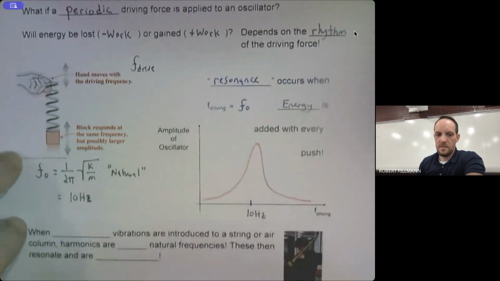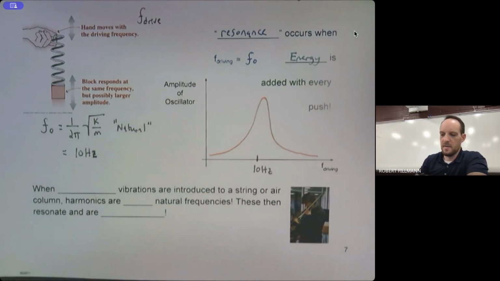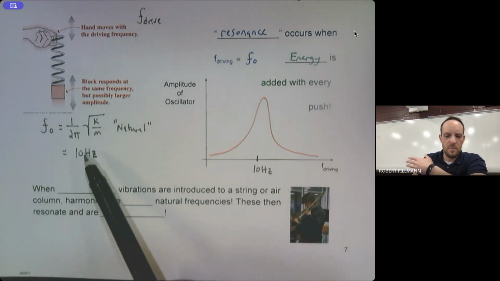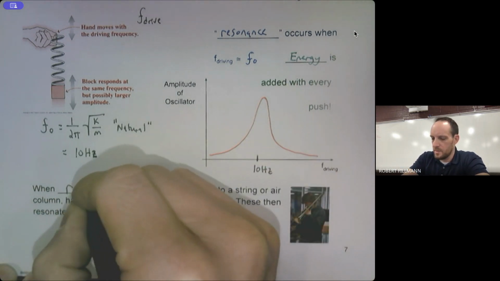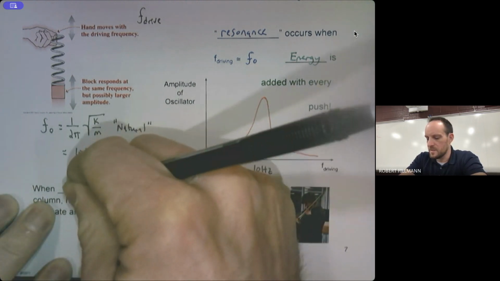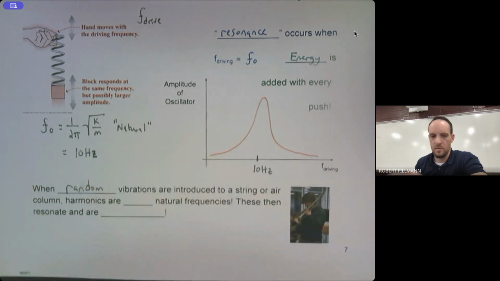There are all kinds of examples of this, and it can be more complicated than just the spring mass system with one rate at which it wants to oscillate. Think about musical instruments. Think about the standing waves that we've talked about before. A lot of times we'll have something and we'll just start giving random vibrations to it. So think music, for instance.